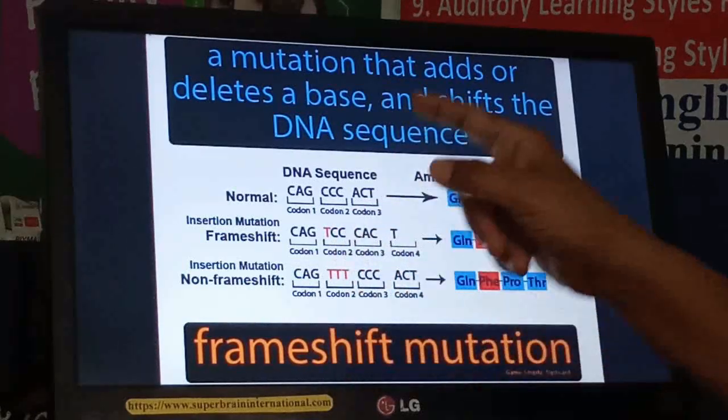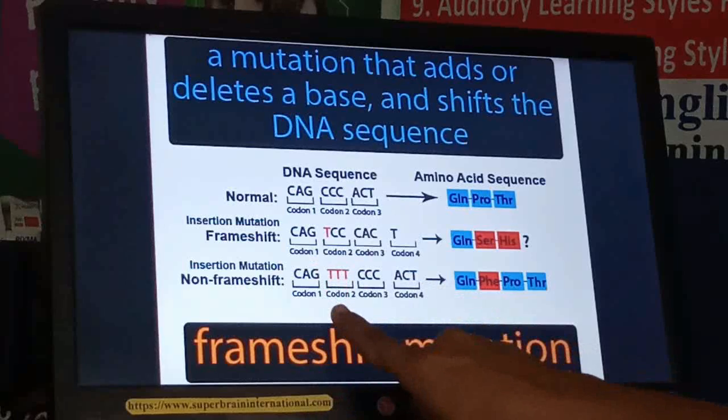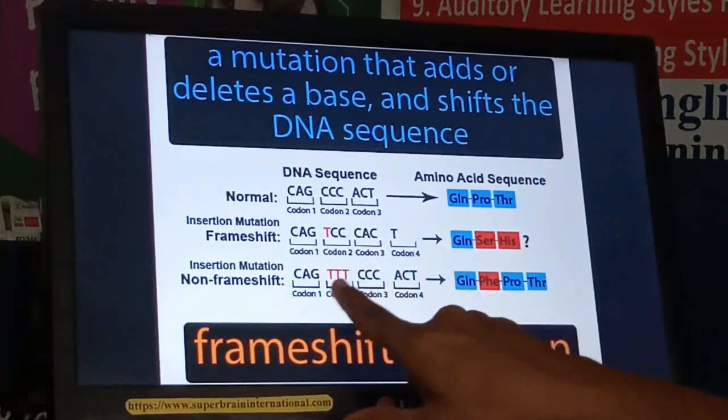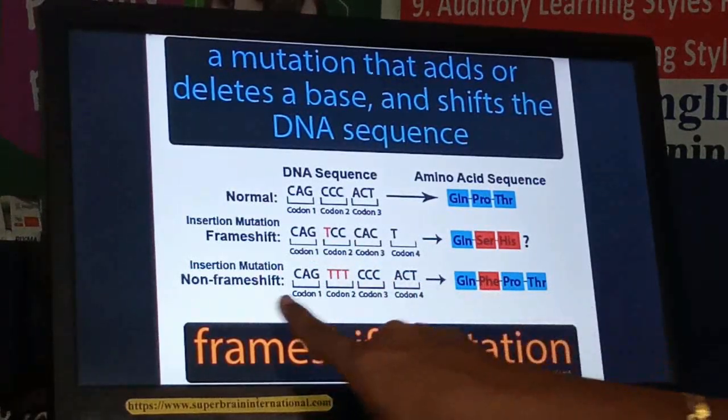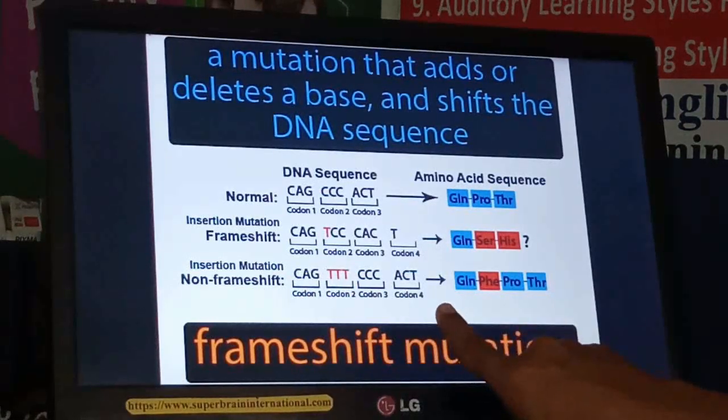Now, whenever an addition takes place in multiples of 3, meaning a full triplet is added anywhere in this sequence, then there will be no change.